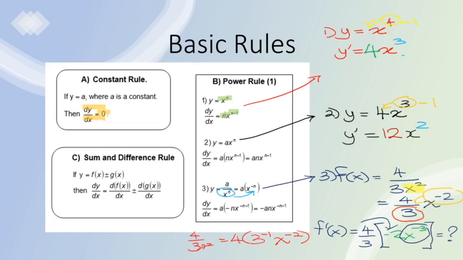For number 2, you have a in front of x to the power n, so you can take out a first and then differentiate x to the power n, and then a times n, or you just multiply a by n, and then x to the power n minus 1.